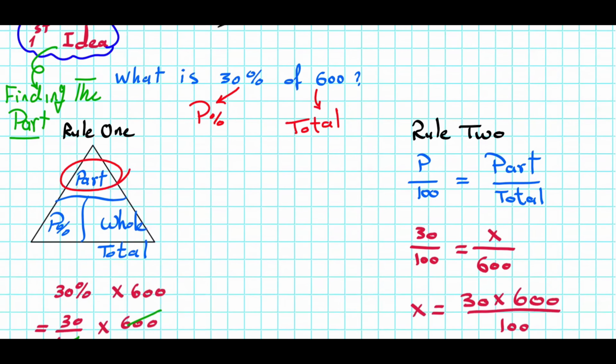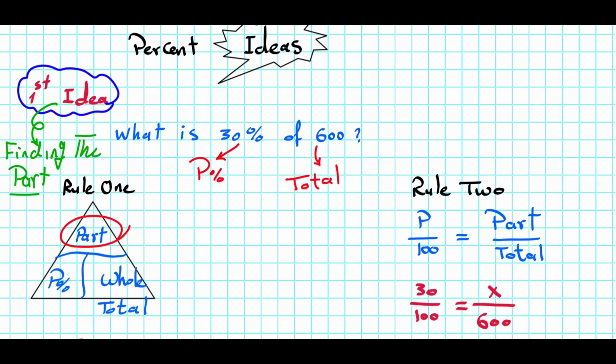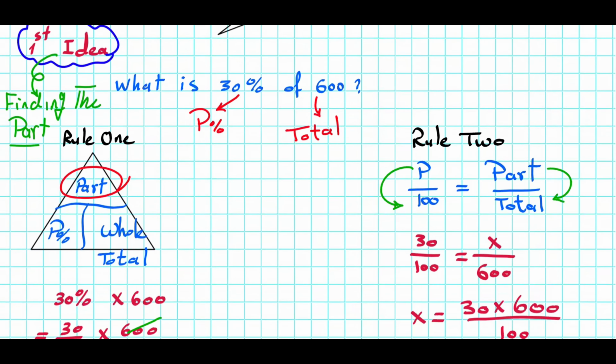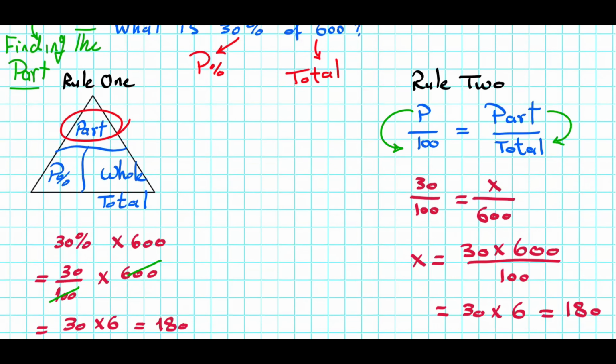Or on the other side, we can use a different rule, giving the same result, which is percent over 100 equals part over total. So comparing the percent by the 100 and the part by the total. So here 30 as a percent over 100 equals the part, which is unknown, over total.